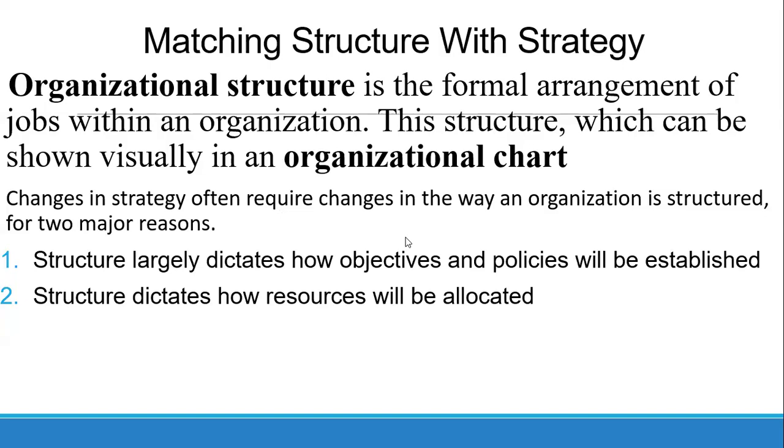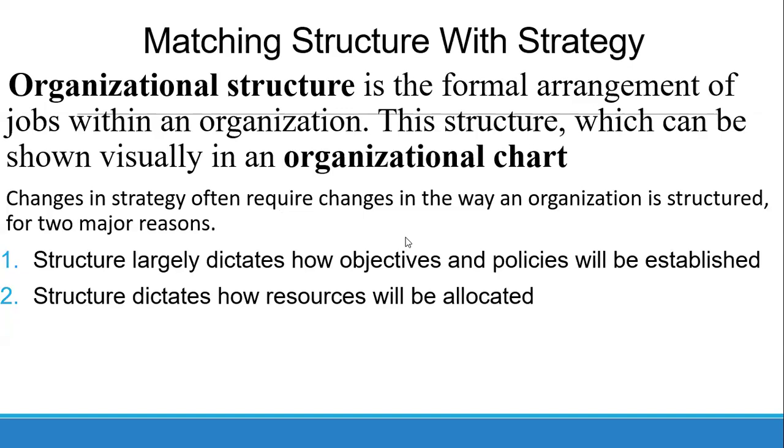So the idea is that you may already have a thriving structure in place, but anytime you are going to implement a strategy, there is the need for you to match the two to see whether the existing structure will support the strategy, or whether you need to make some adjustments or adaptations for the structure to be more supportive of the strategy.